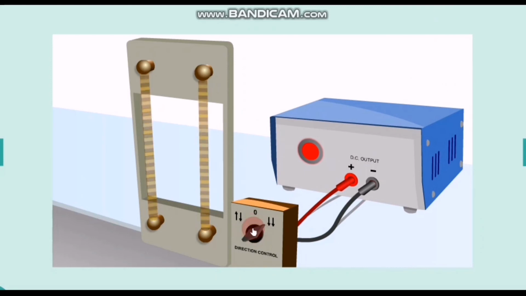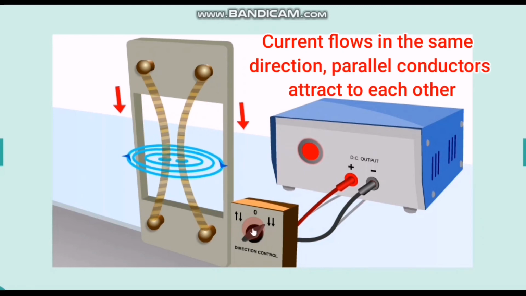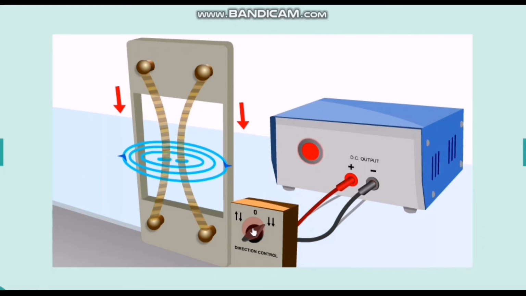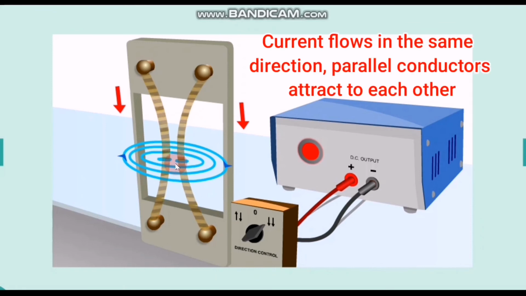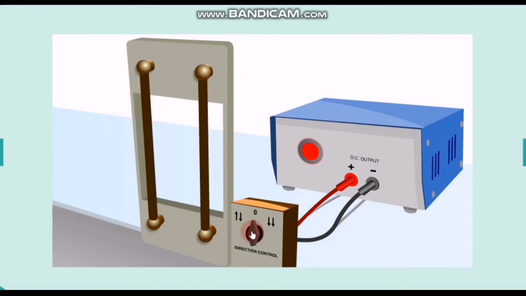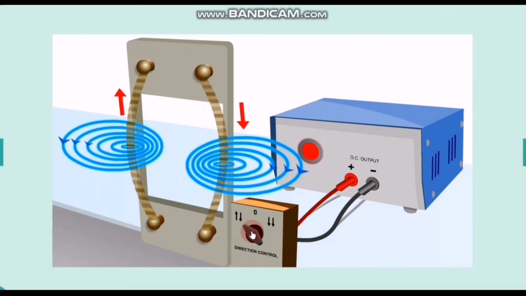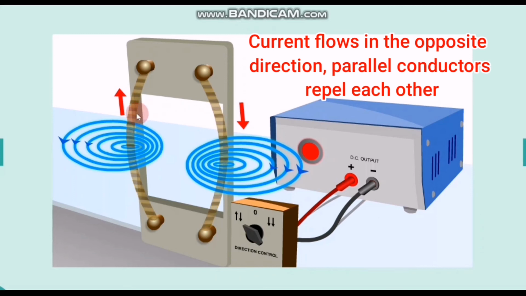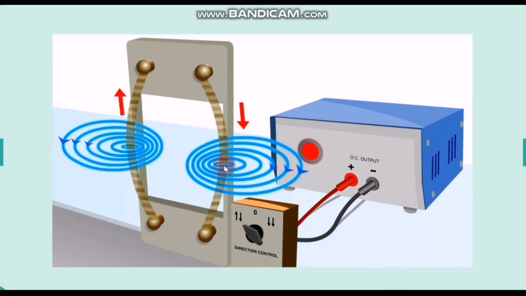First, we set it so that the current flows in both conductors are in the same direction. And you can see that the conductors are now pulled towards each other. And now what happens when we make the direction of current flow opposite? The two parallel conductors are now pushed apart from each other.